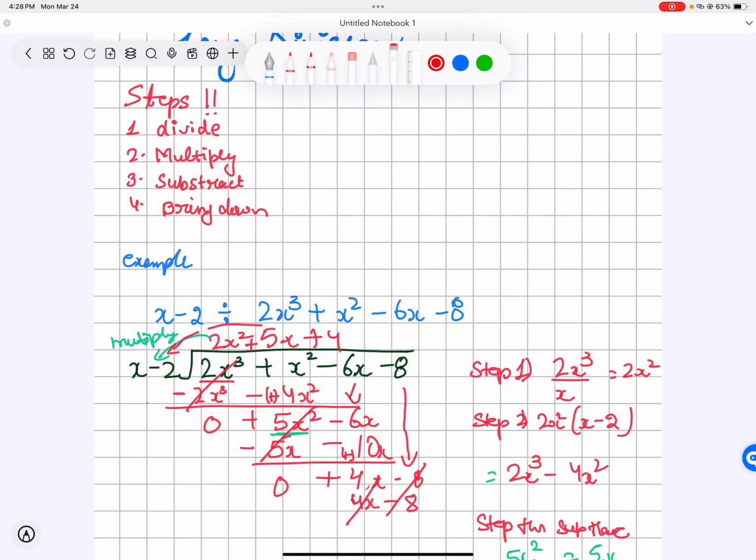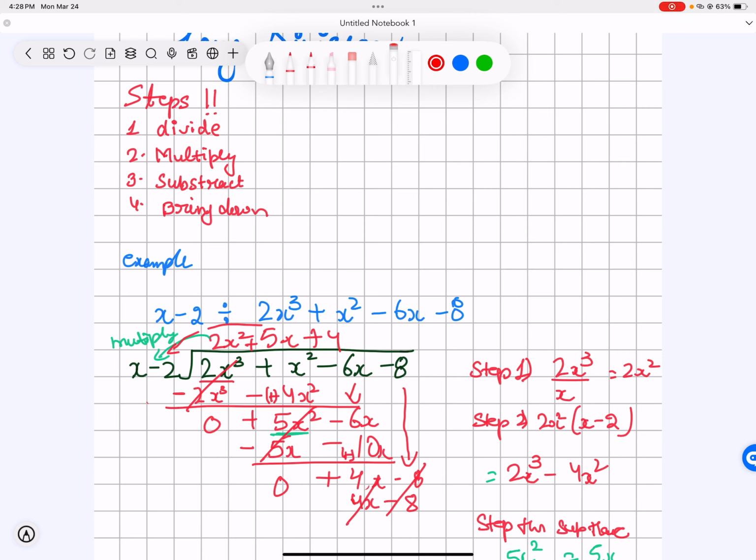In this situation, I'm gonna first divide. I'm gonna divide the first term by x, and here is the first step. I divide 2x cubed by x, the first variable.